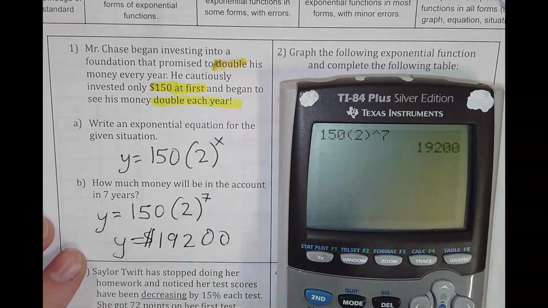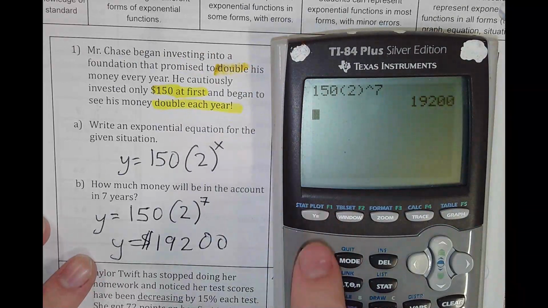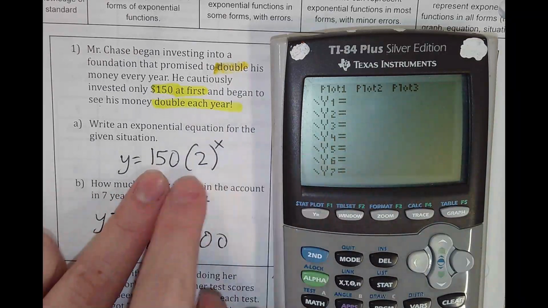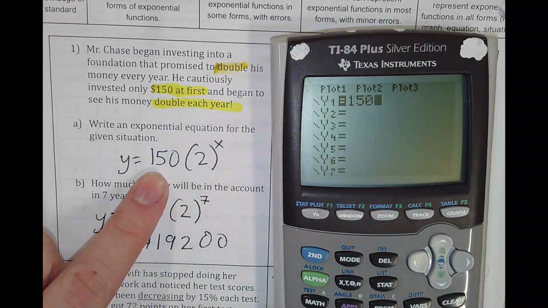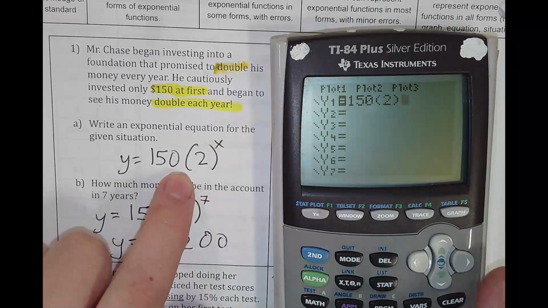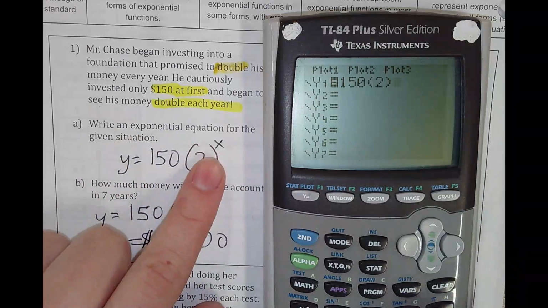Now, just to double check, we could put this equation into the graphing calculator. If we press y equals, clear anything that's there, and type this equation, we can actually see our entire table. So we're going to plug in 150 times 2 to the power of x.